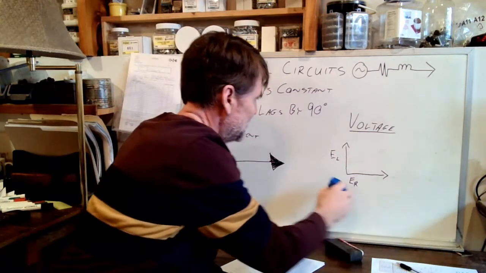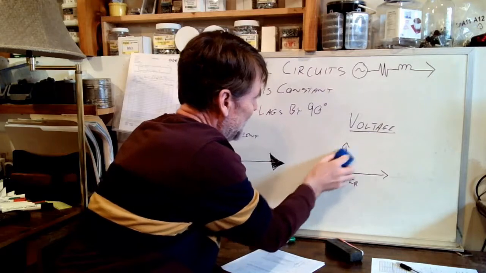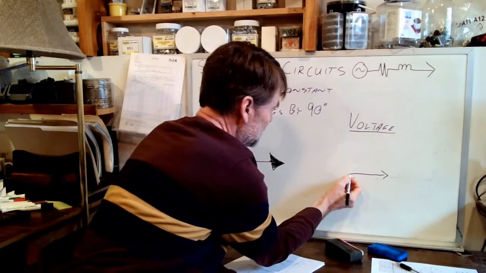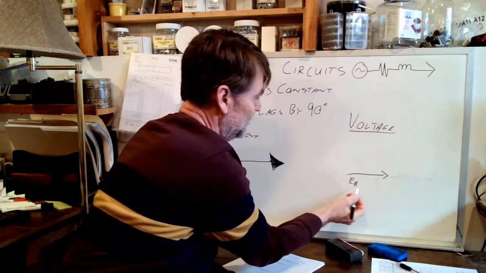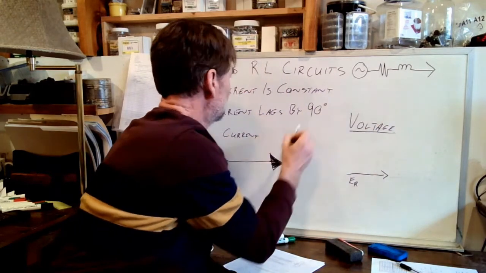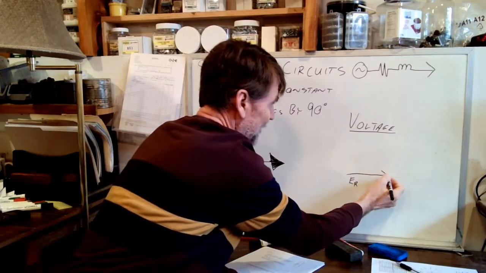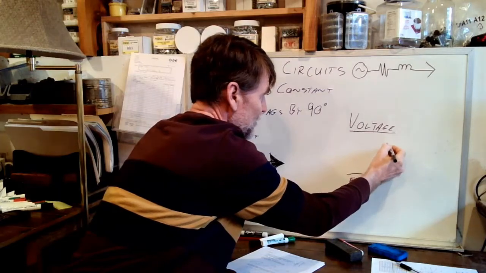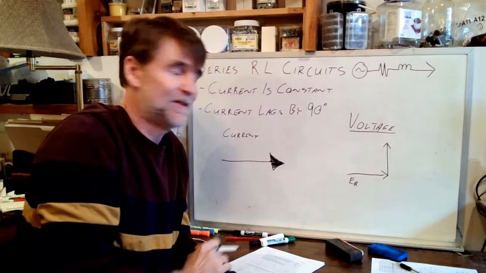So here's where I hesitated, because I don't really want that vector there at all. Here's the vector representing the voltage dropped across the resistor. I'm going to take the voltage dropped across the inductor and bring it out here so that those vectors are placed tip to tail.